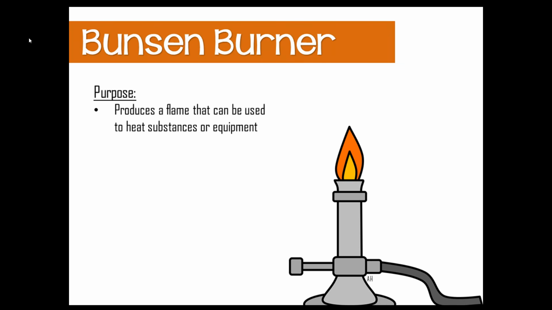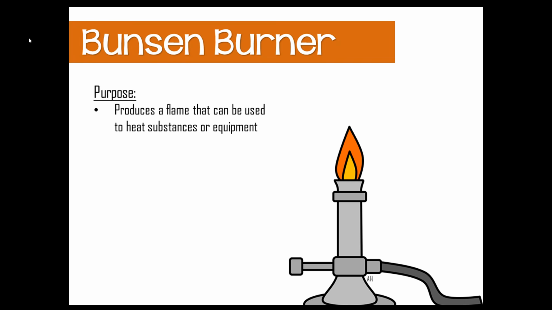A Bunsen burner is going to be used occasionally in physical science, and a Bunsen burner is similar to a hot plate in that it helps us heat substances, but a Bunsen burner works with an open flame. So what we do is we use a striker to strike the gas that's going to come up through the Bunsen burner to create a nice, good flame for us.